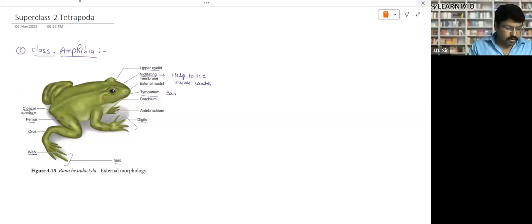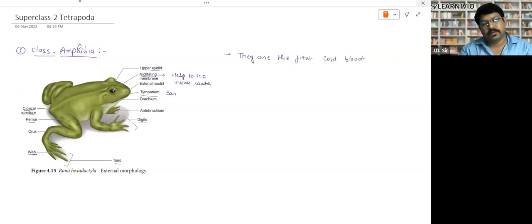So they are the first cold-blooded vertebrate. So first the amphibian came on the land.